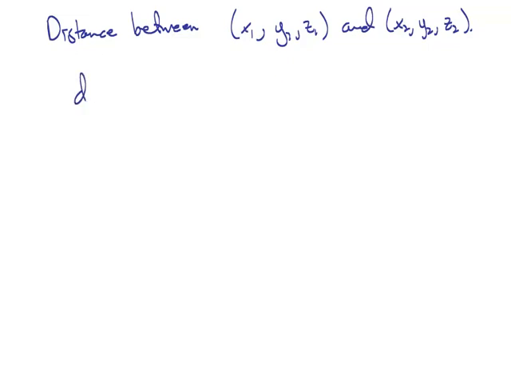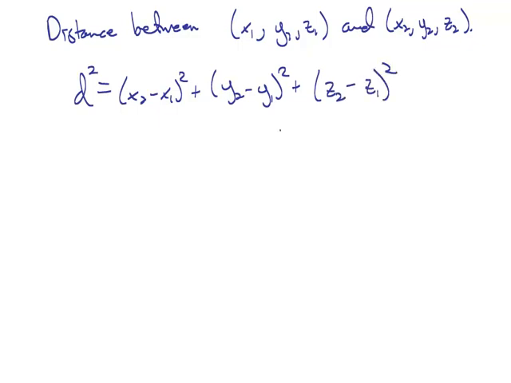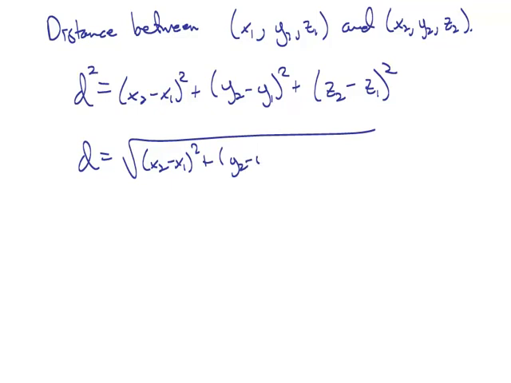So the distance squared will be the difference of our x values squared plus the difference of our y values squared plus the difference of our z values squared. Of course, it doesn't matter in which order you subtract since you're squaring. It's the distance formula itself, very familiar, hopefully. It looks just like the distance formula in R2, only with another variable added. And that'll be the case for a lot of the stuff we come across. It'll look just like what we did in R2 in 2 dimensions, only we'll add one more variable here.